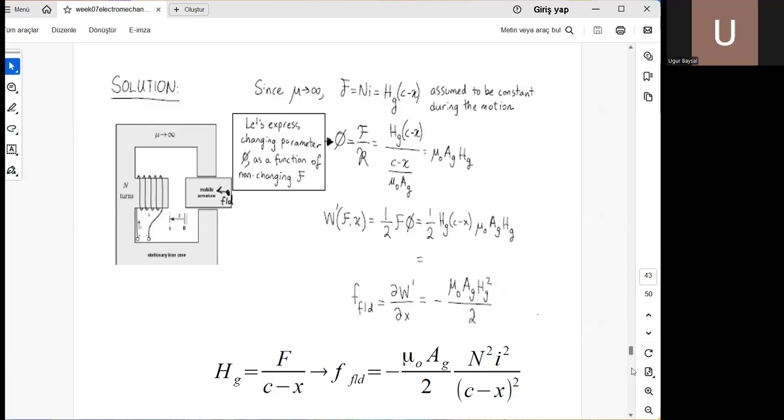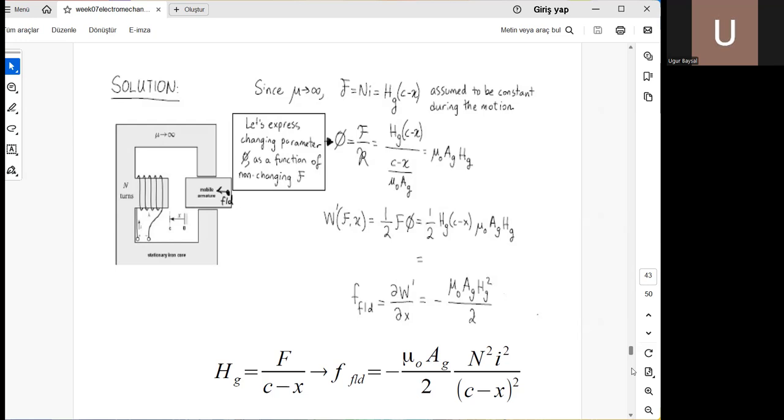Note that flux is variable because Hg times C is not constant during the motion, but that's a very simple expression. So the co-energy, since this is an air gap, a linear system, is 1 over 2 times F times flux, where F is the MMF. If we substitute the variables and calculate the field force by taking the partial derivative of co-energy with respect to x, it gives us minus mu0 Ag Hg squared over 2.